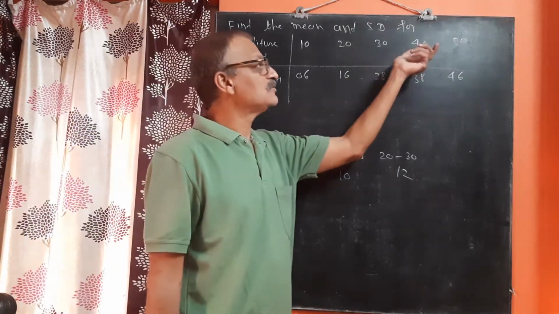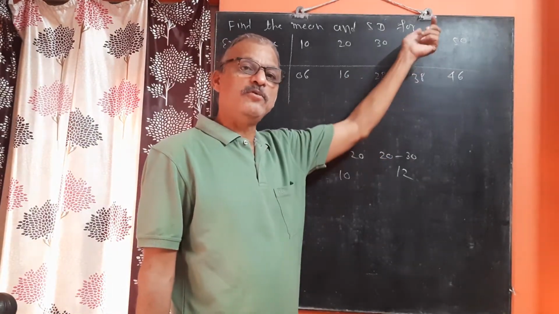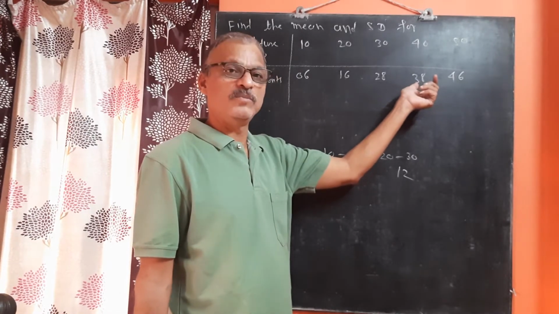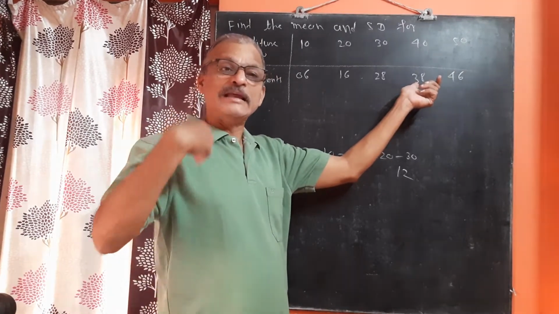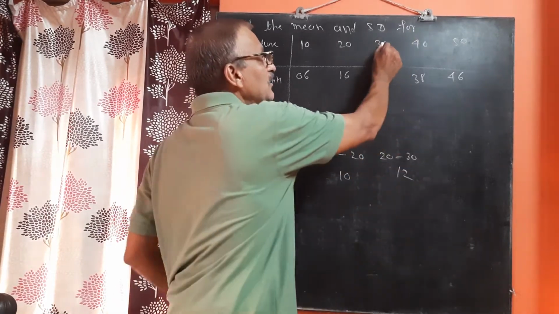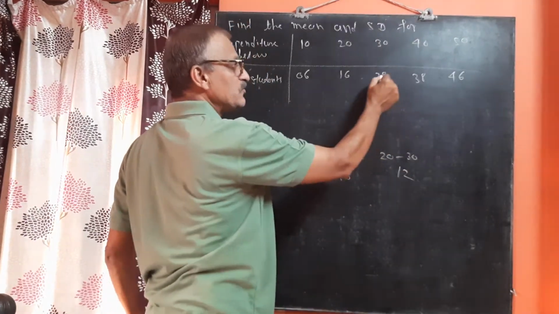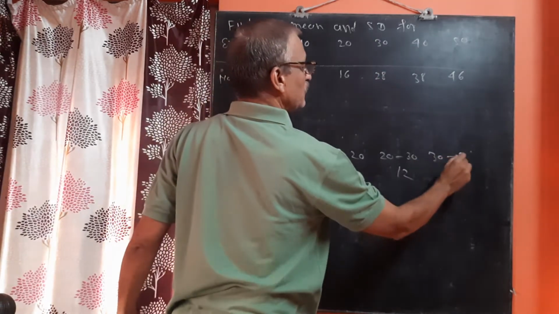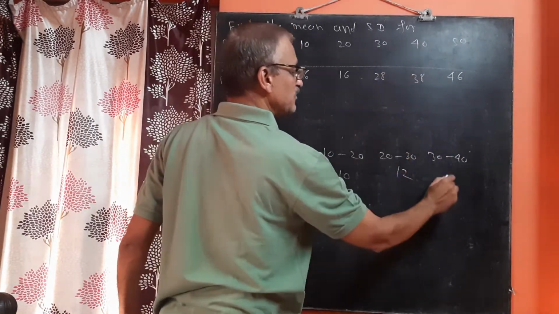The total number of students who spend up to 40 rupees is 38. But that also includes up to 30. So up to 30 there are 28. So between 30 to 40, 38 minus 28, that means there are 10 students.